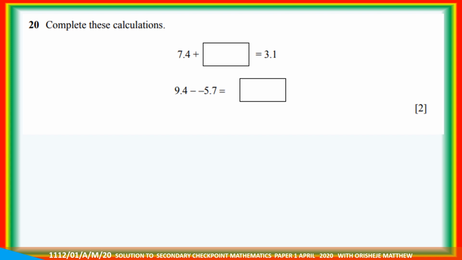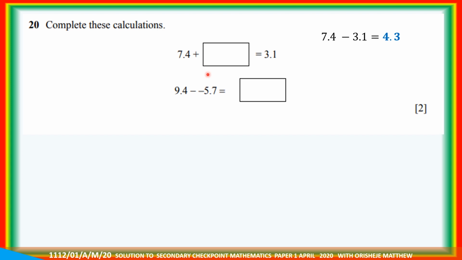That means I'm going to subtract something from 7.4 to give me 3.1. So if I rearrange that, 7.4 take away 3.1 will give me 4.3.